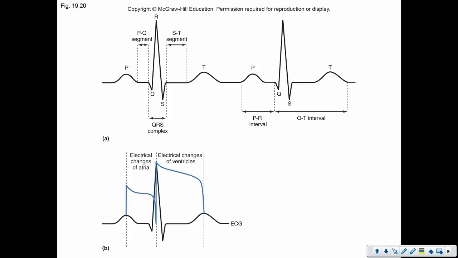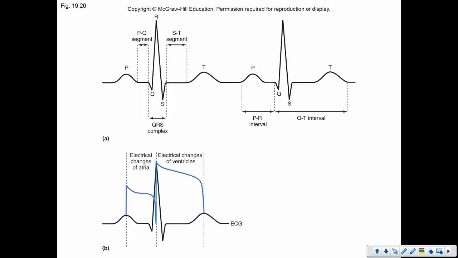ECG is English or American, electrocardiogram, cardio with a C. EKG is German, cardio with a K. That's it, okay? So if you hear of an ECG or an EKG, both are the same. I think a lot of people call it EKG, which is the German. ECG is the English or American version.